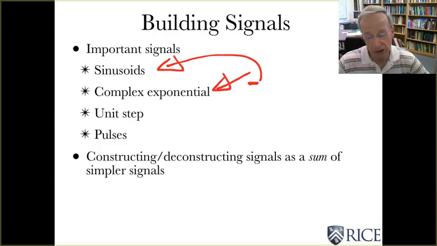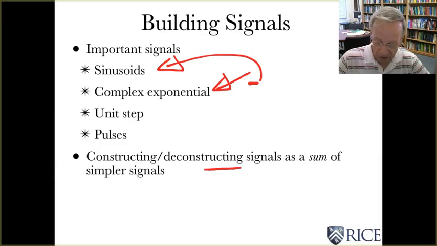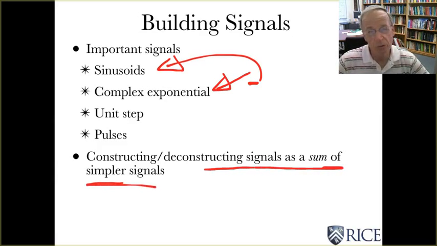Pulses are used to communicate bits, and as we've seen, a pulse can be considered as a superposition of unit step functions. So this construction and deconstructing of signals is a sum of simpler signals. Is this important? This is going to make your life easy in doing calculations. And I can't stress enough, it also helps you understand what is going on. We'll see this in the succeeding videos.